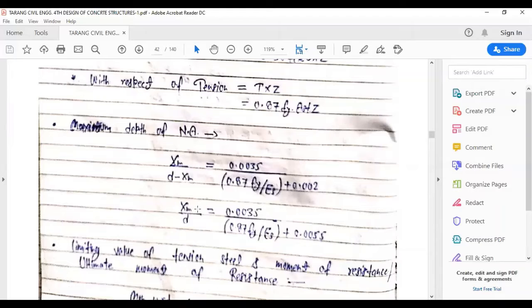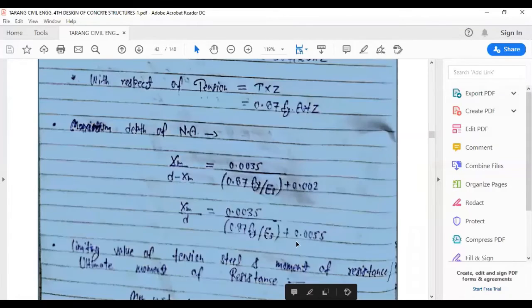So we reach this, we can conclude this expression from this equation, which is xm upon d is equal to 0.0035 upon 0.87 fy divided by Es plus 0.0055.